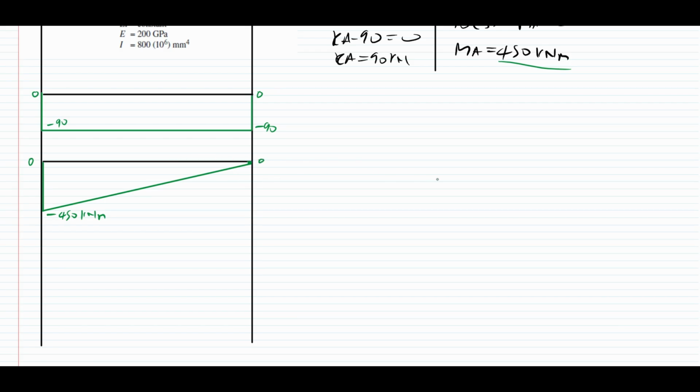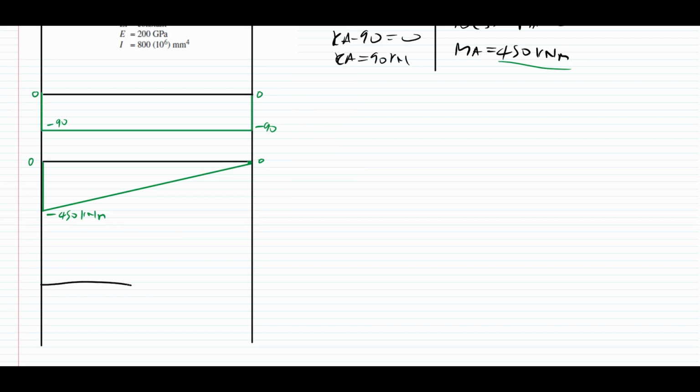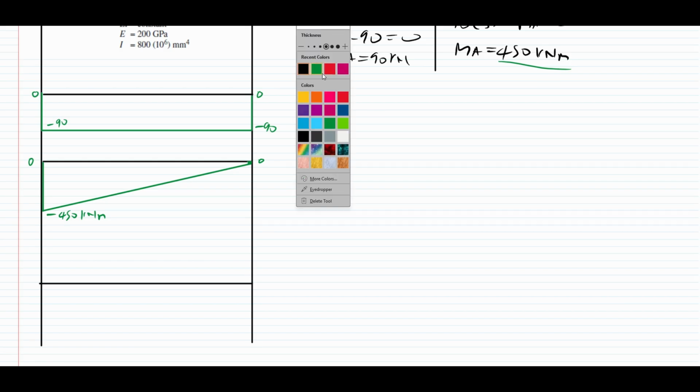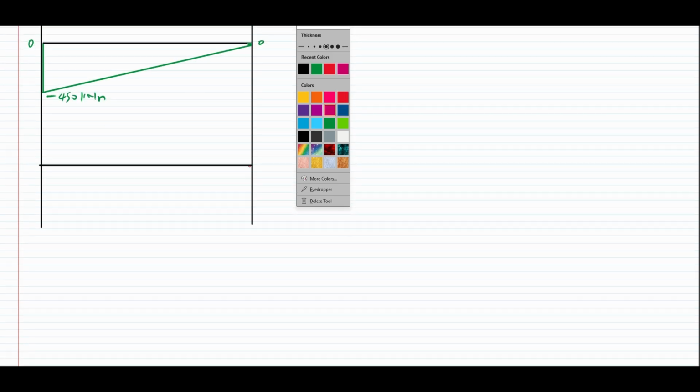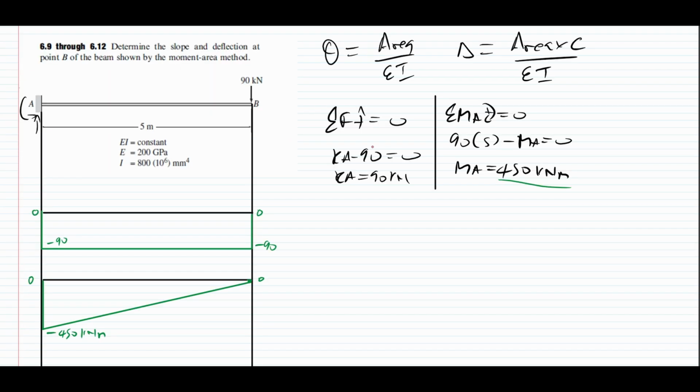Now let's do our conjugate beam diagram. With the conjugate beam diagram, let's go back to our supports.